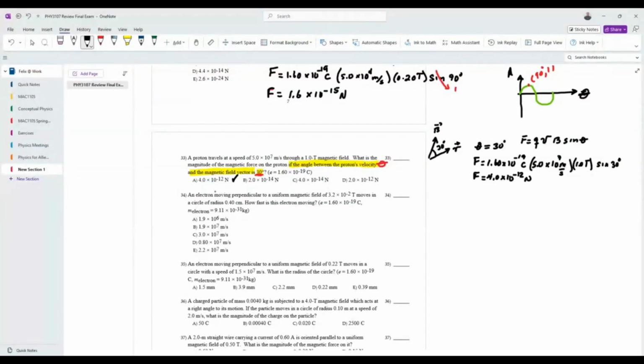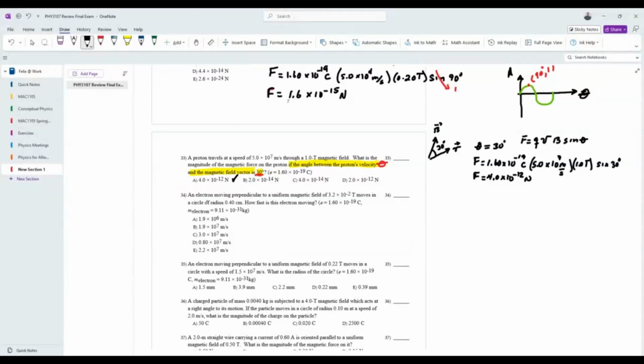Now remember that there is a relation: when the electron is in a uniform magnetic field and the angle between the velocity of the electron and the magnetic field is 90 degrees, the electron is moving in a circular path, right?